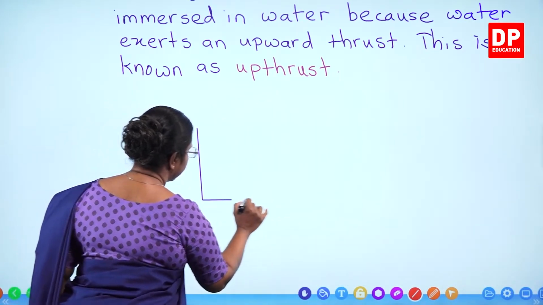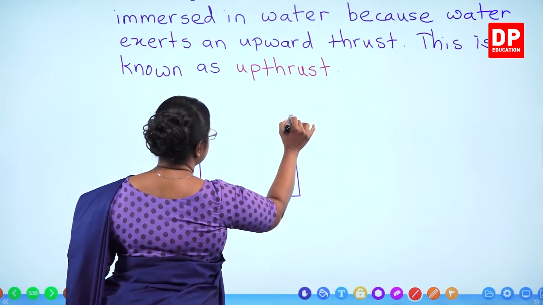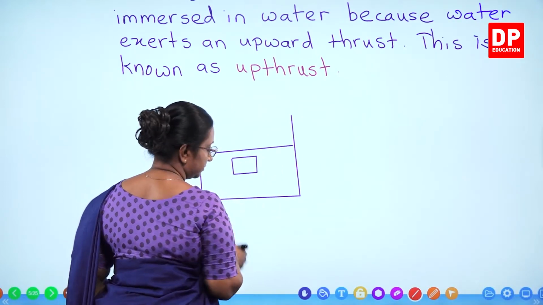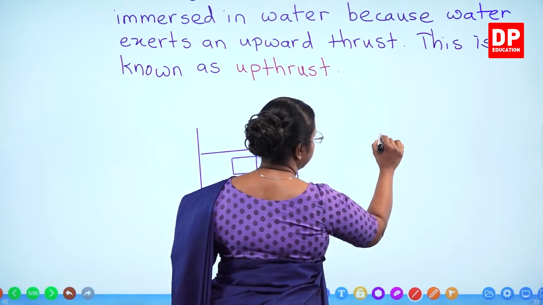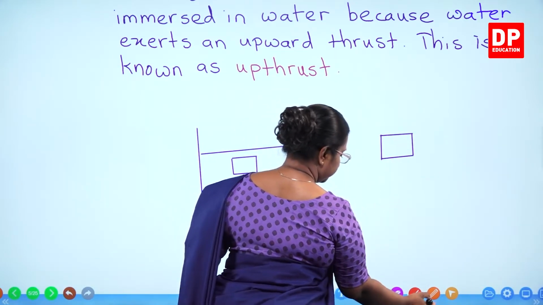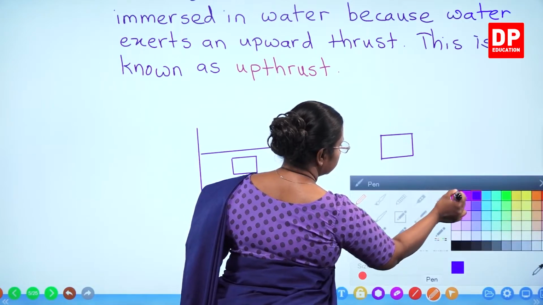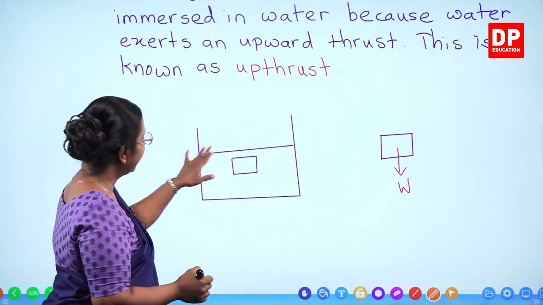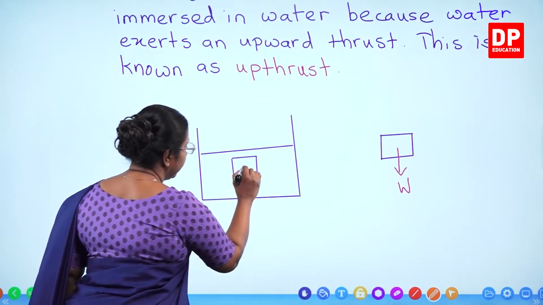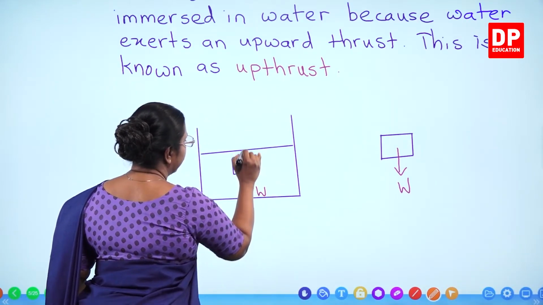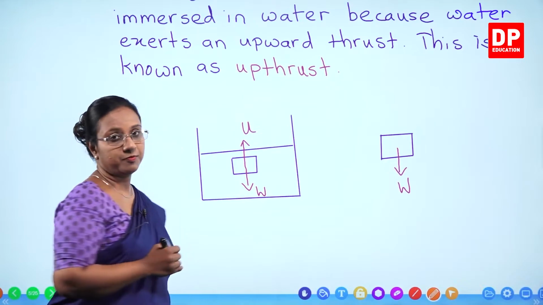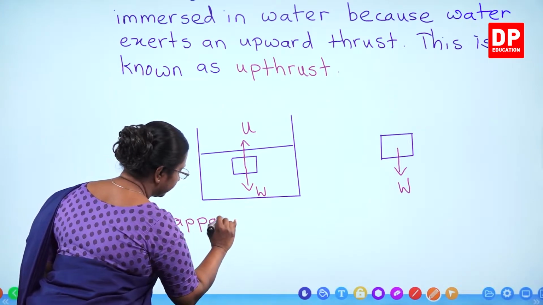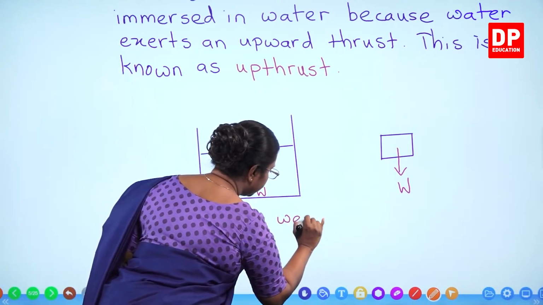Now we have a container. Then we have an object. We have the object in air also. So when the object is in air, it has a weight. But when it is immersed in water, the weight is acting downwards and the upward thrust is acting upwards. So because of that, we see an apparent weight.